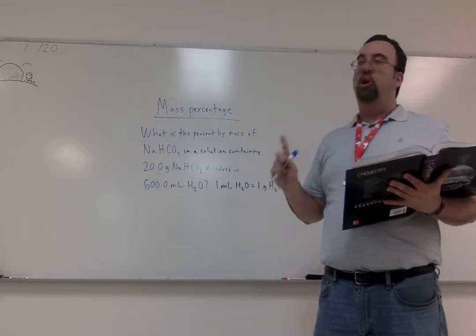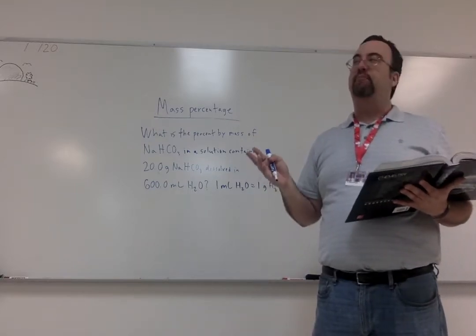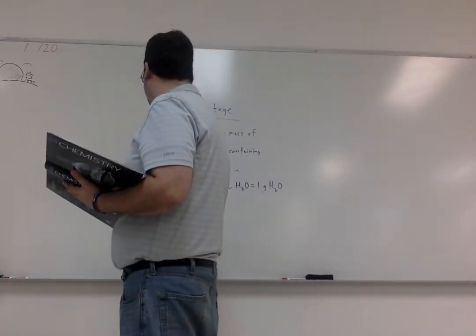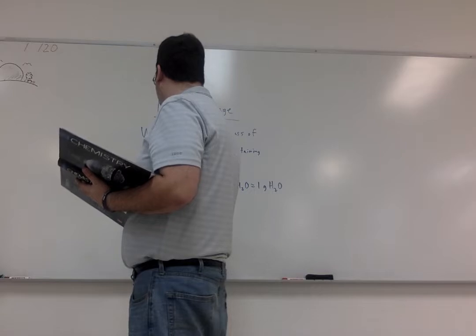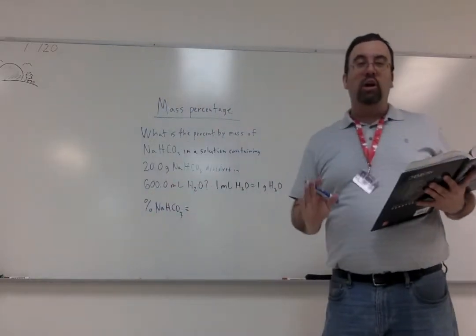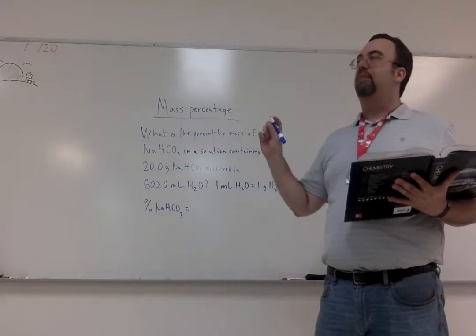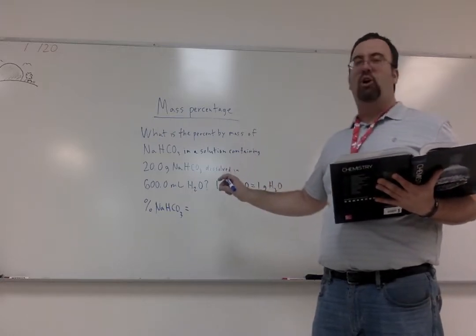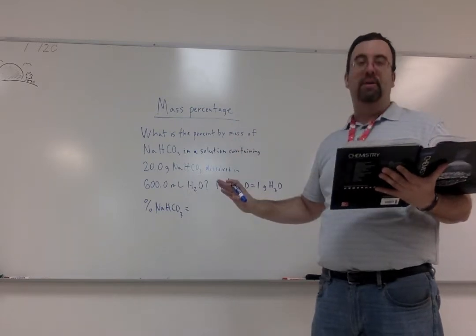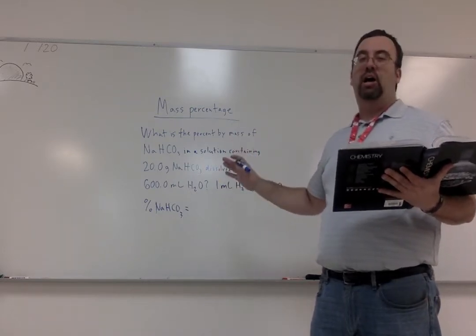Notice that in order to calculate mass percentage, we're looking for the percent of the NaHCO3. To calculate this, we take the mass of the sodium bicarbonate on top, the total mass of the solution on the bottom, and then multiply by 100 to get the percent.